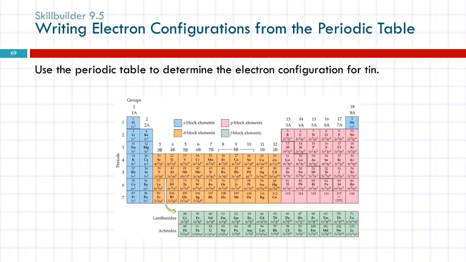Let's do another example, electron configuration for tin. Well, first we have to figure out which one is tin. Anybody know the symbol for tin? Sn. And then we have to find it. Where'd you go? There you are. So there's tin.